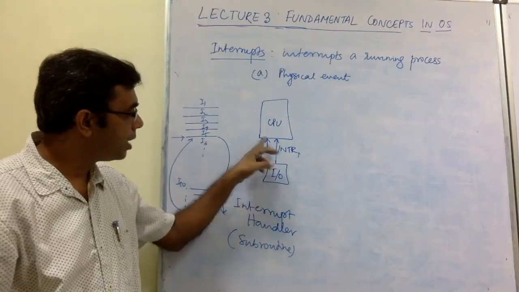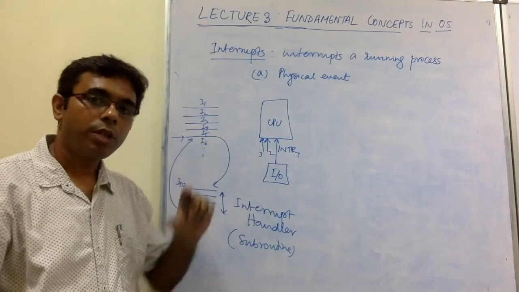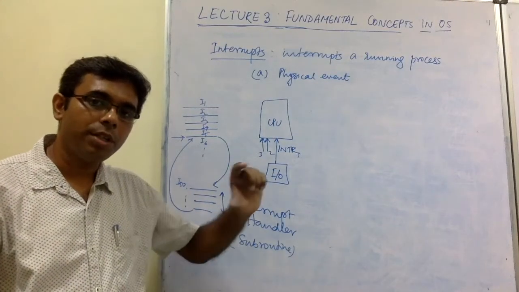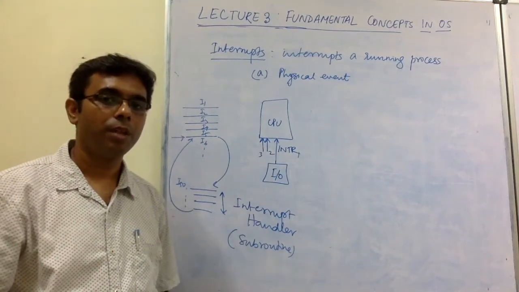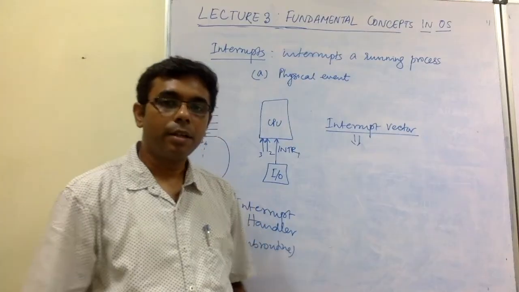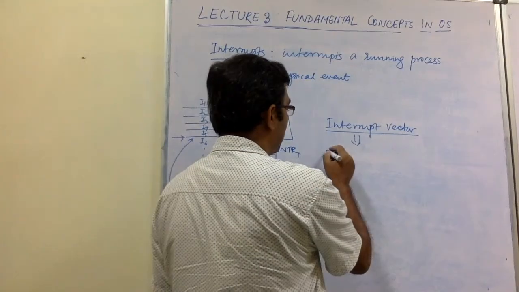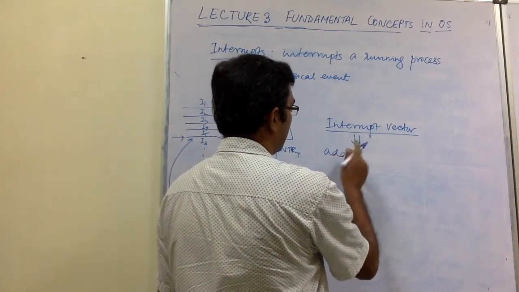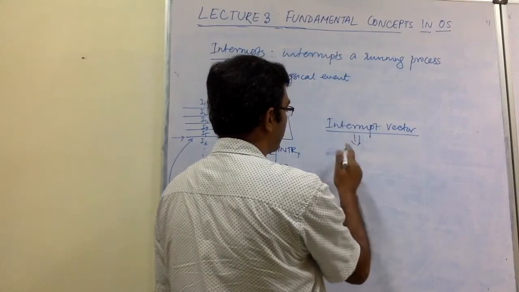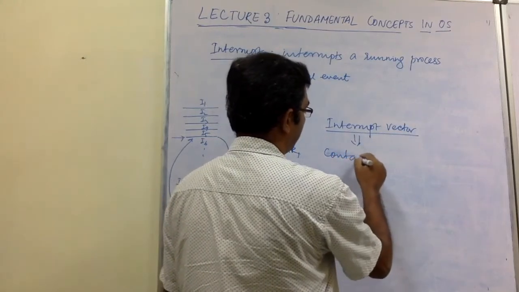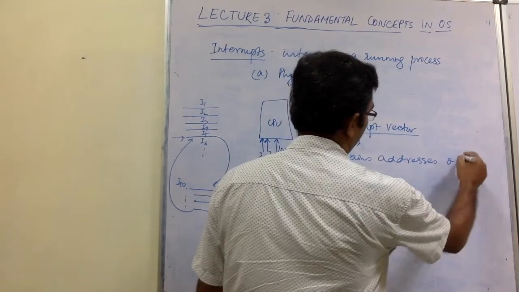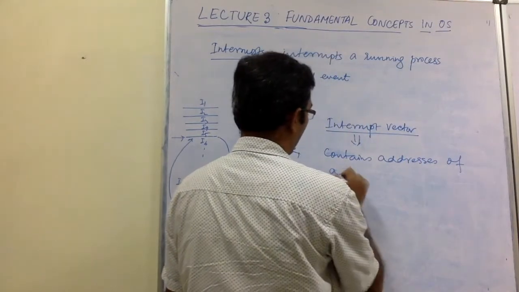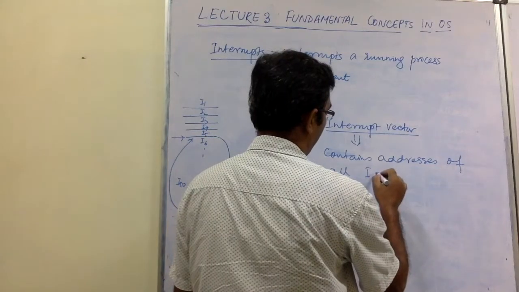If it comes to this line, the CPU will be taken to this location. So the interrupt handlers for each of those interrupt lines are well defined, and they will be available at that particular location. And the interrupt vector contains addresses of all interrupt handlers.